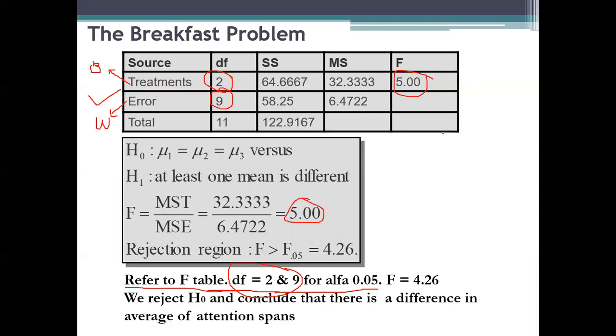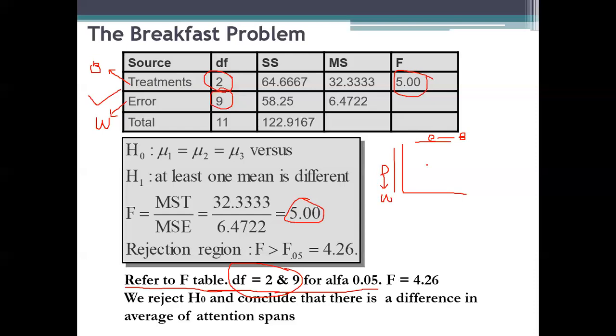Remember again, in the F table, they will give you the degree of freedom of the numerator and the degree of freedom of the denominator. The degree of freedom for the numerator refers to between group, and the degree of freedom for the denominator refers to within group.